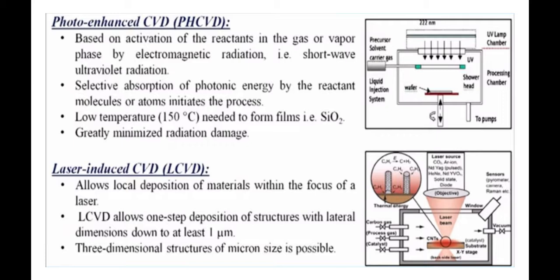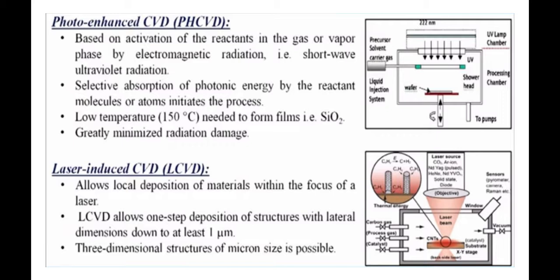Next is called the laser induced CVD, LCVD process. It allows local deposition of materials within the focus of the laser. LCVD allows first one step deposition of structures with lateral dimension down to at least 1 micrometer. Three-dimensional substrates of micron sizes are possible.